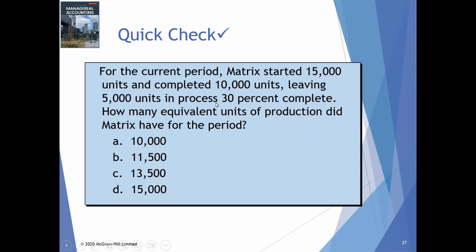Now the manager asked, and the other department replied, that 30% is completed. How many equivalent units of production did Matrix have for the period? Now you need to give the answer in the chat box right now. Send the answer in the chat box directly.